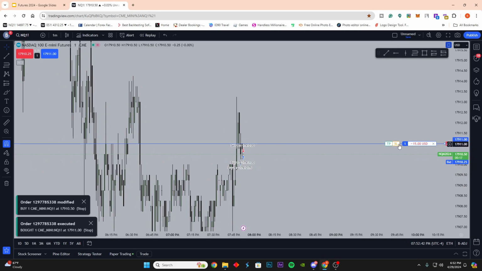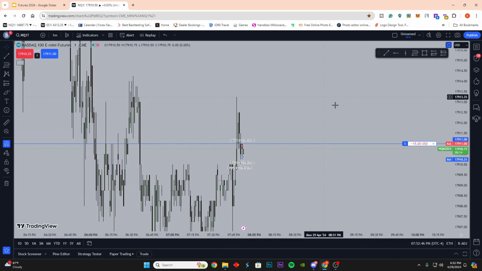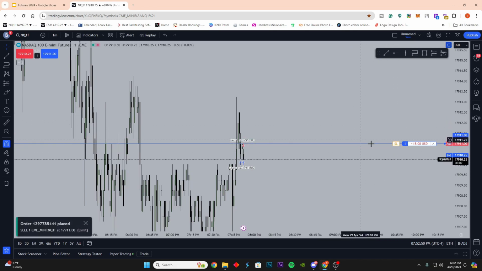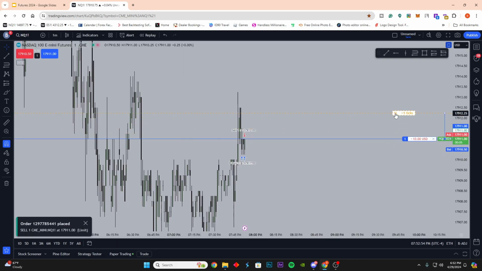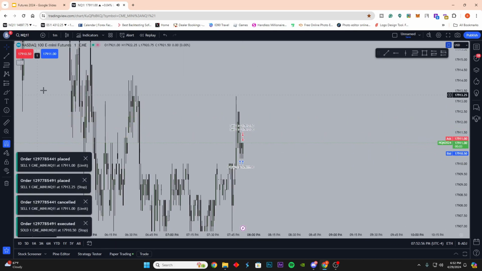And again, on the paper trading, it has this. Some brokerages, like I trade through Tradovate, I'm not able to drag my TP and stop loss like this. I think the take profit went behind that.